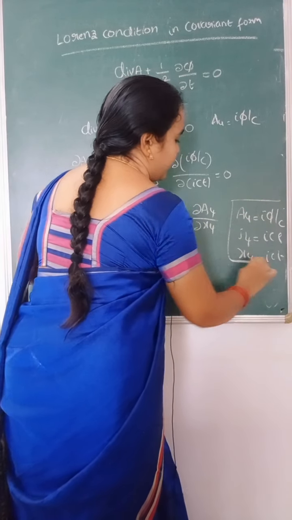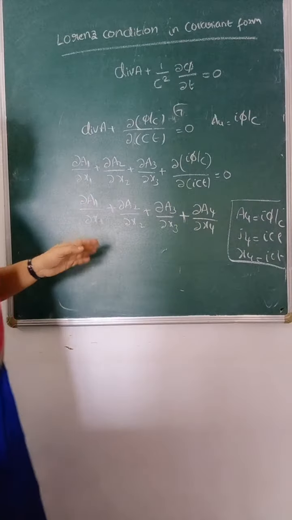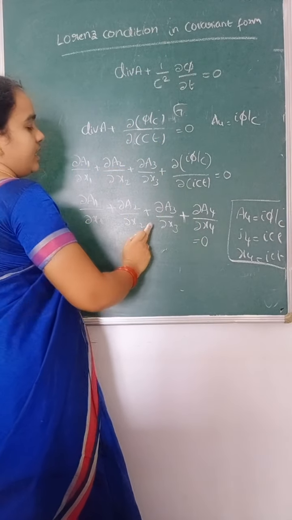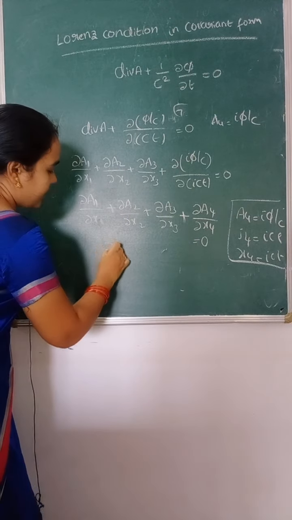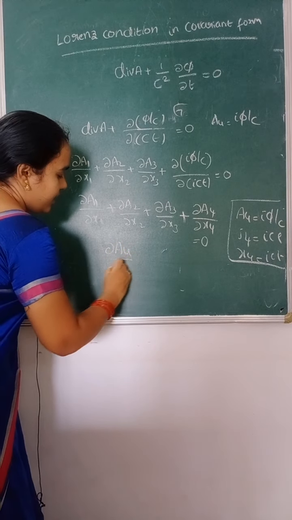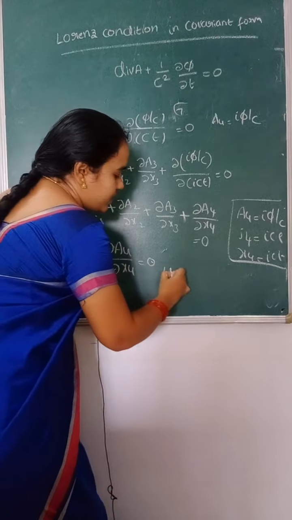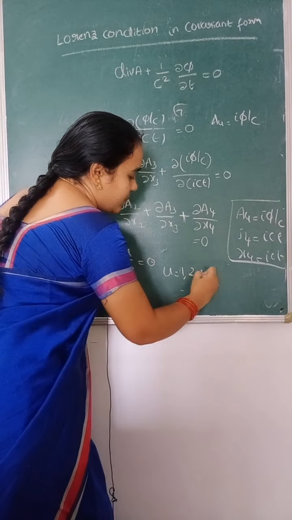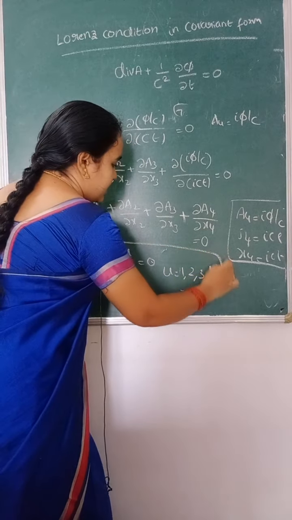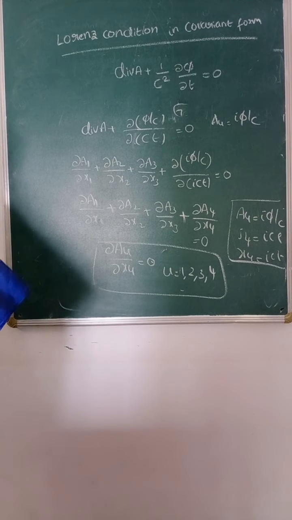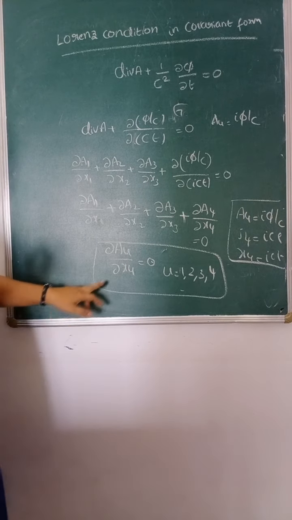So these are the transformations for the 4 vector. Combined, this Lorentz condition in 4 vector can be written as dou of A mu by dou x mu is equal to 0, where mu is equal to 1, 2, 3, 4. So this is the covariant equation of the Lorentz condition.